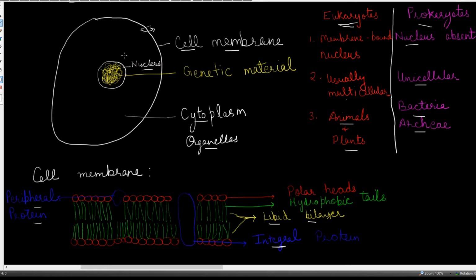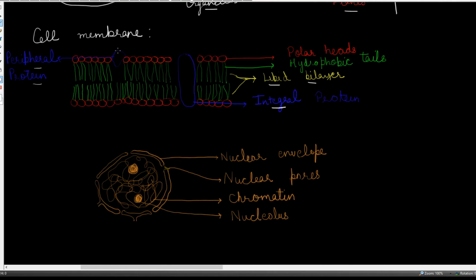As far as the structure of the nucleus is concerned, this is the structure of the nucleus. It is bounded by a double membrane called the nuclear envelope, which has some pores on it.